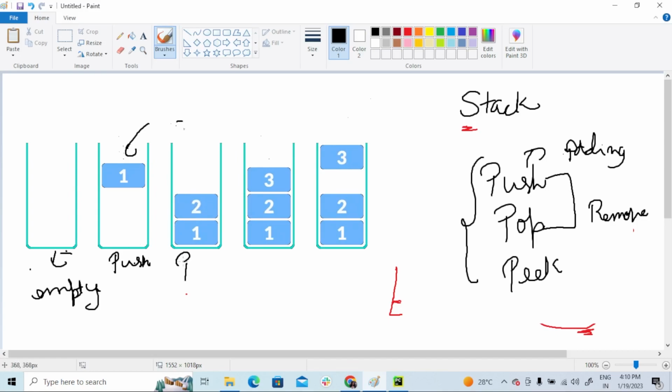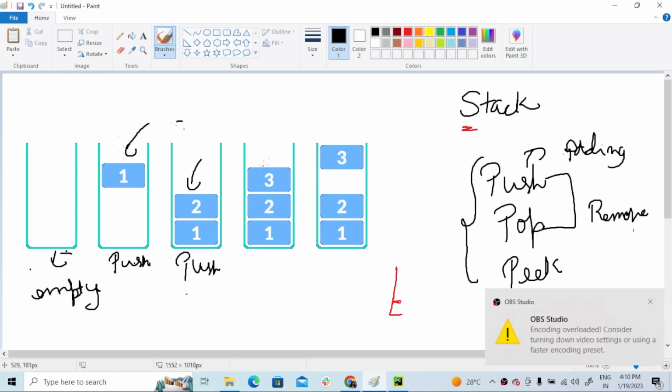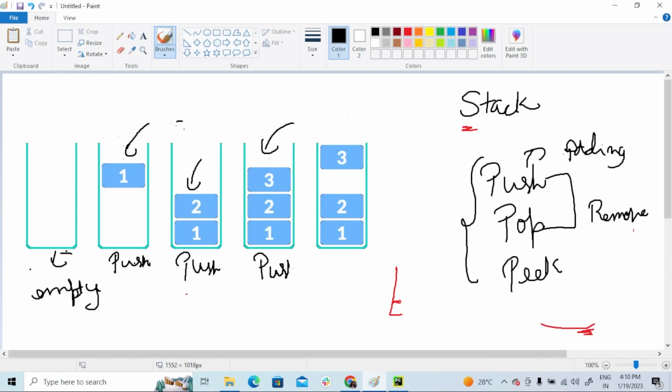This is also push. This is the first element, and this is the second element. And this one is also push. We are inserting another element, that is 3, push. Now we are taking this element, we are removing this element, that is pop. This is called pop. So push means adding an element, pop means removing an element.